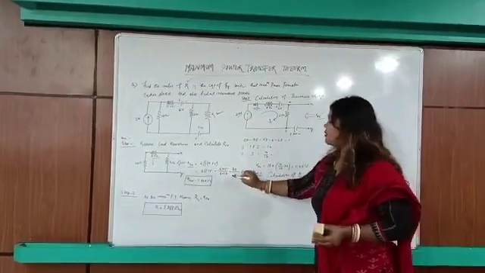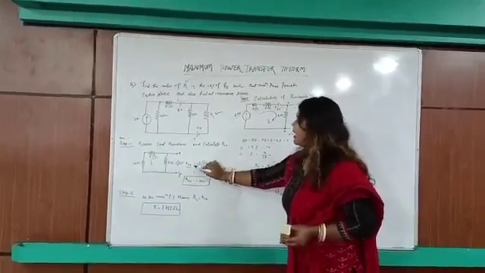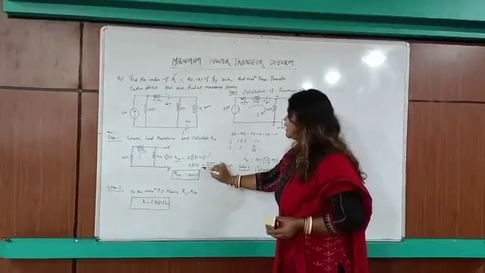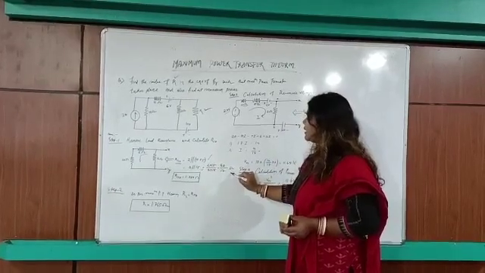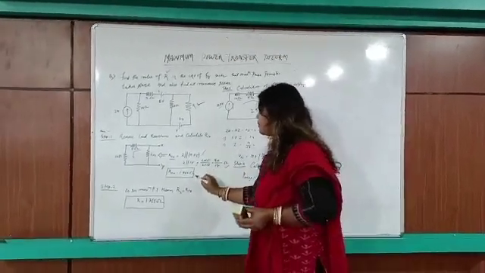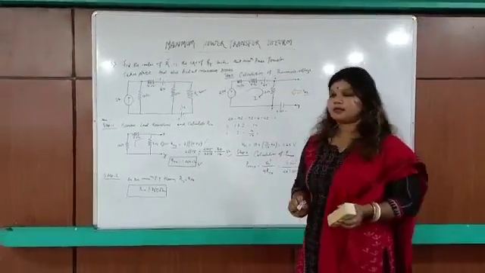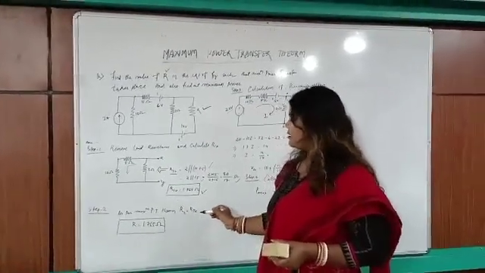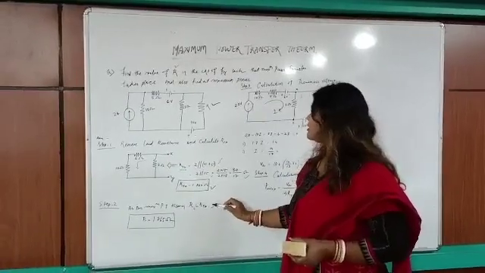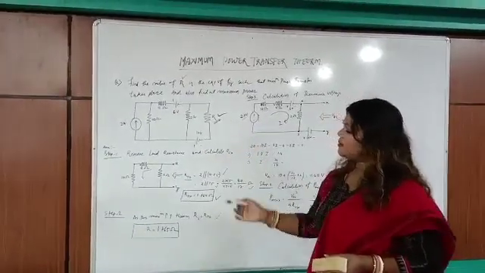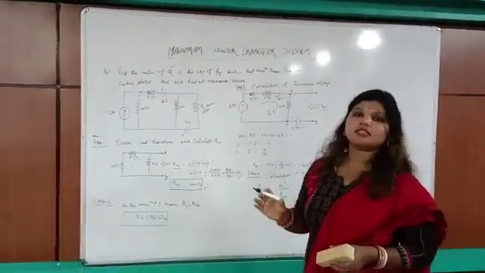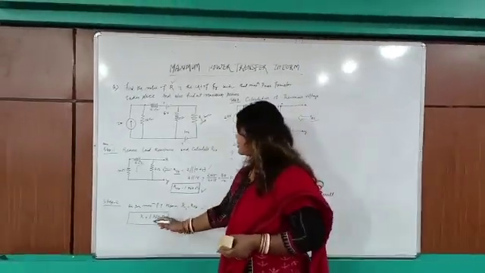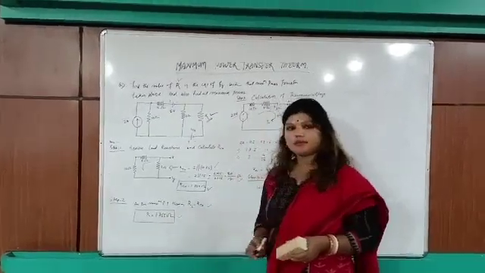So RTH equals 2 parallel with (10 plus 5), that is 2 parallel with 15, which gives 30 by 17, equal to 1.765 ohms. For step 2, the load resistance R equals Thevenin's resistance by the maximum power transfer theorem, so the load resistance will be 1.765 ohms.